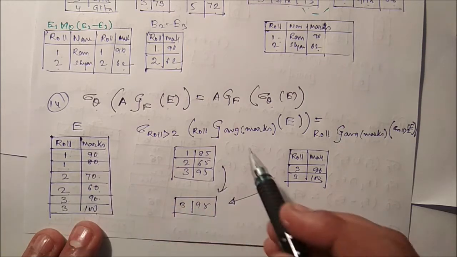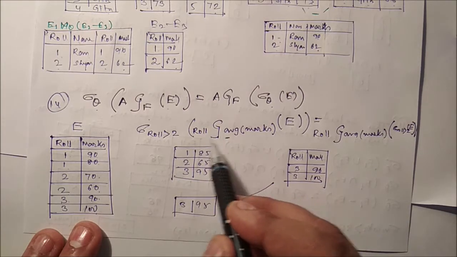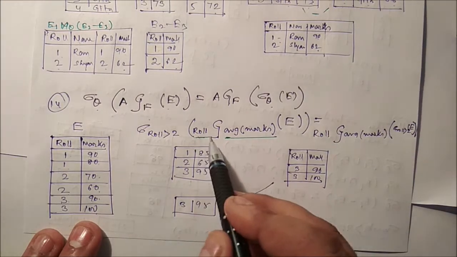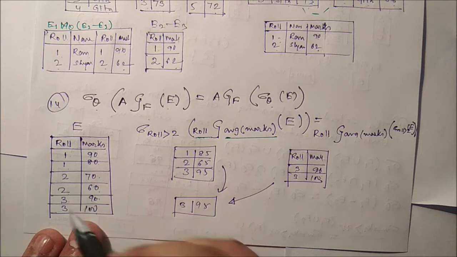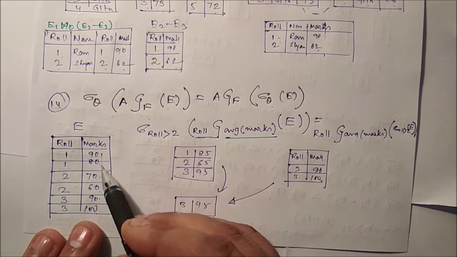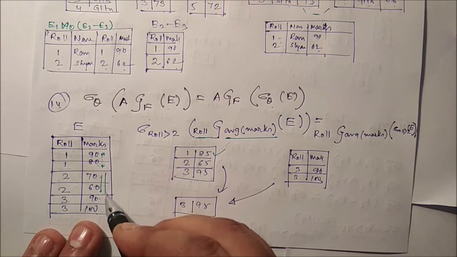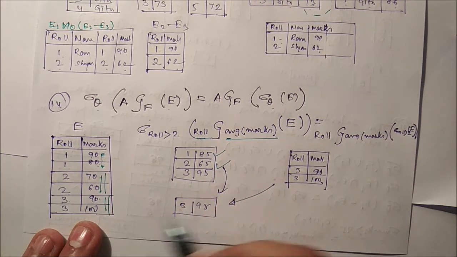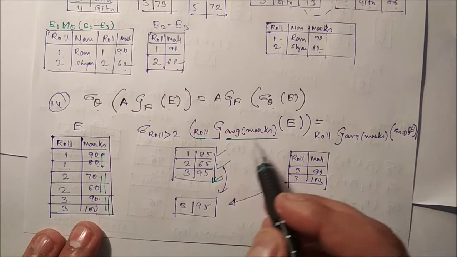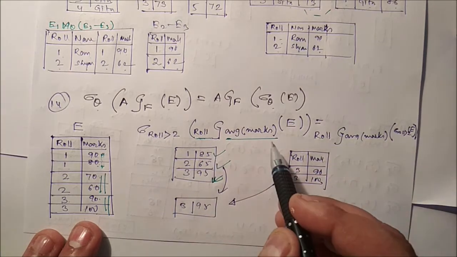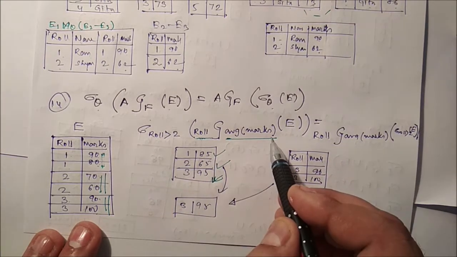First of all we want the average marks of each roll number. If you take the average of 90 and 80, the output is 85. The average of these two is 65. The average of these two is 95. So this is the output of this one.